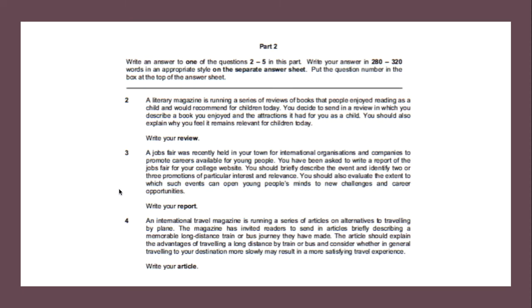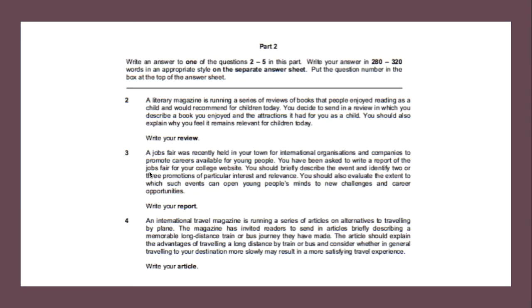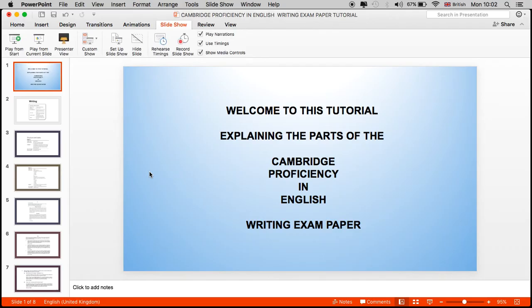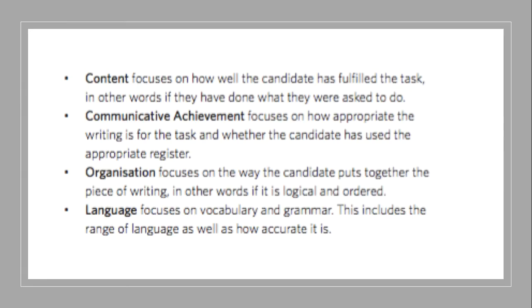Whereas if you're writing a report or a summary, you're not meant to be using much idiomatic language. Okay, sorry guys, let's go back. So that's communicative achievement, the tone of voice.